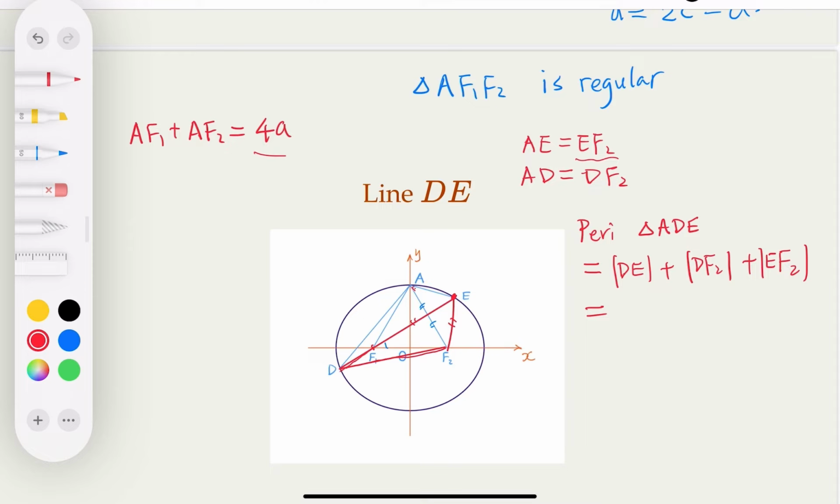So in other words, this is equal to EF1, F2, and DF1, F2. By definition, for any point on the ellipse, you have a constant sum of distances to the focal points, and each one is equal to, here, 4a in this case, right?